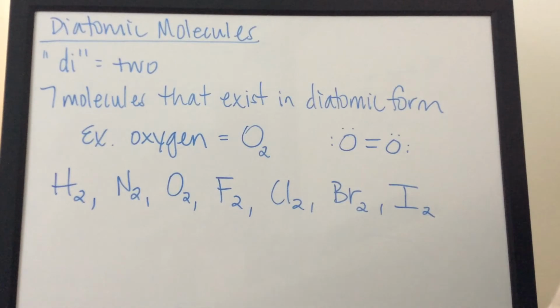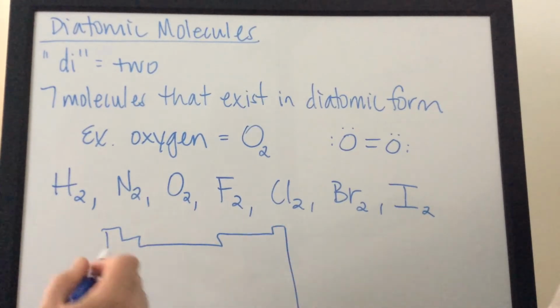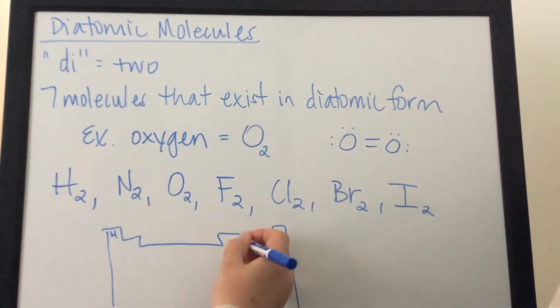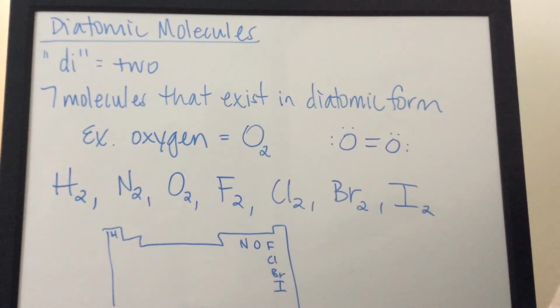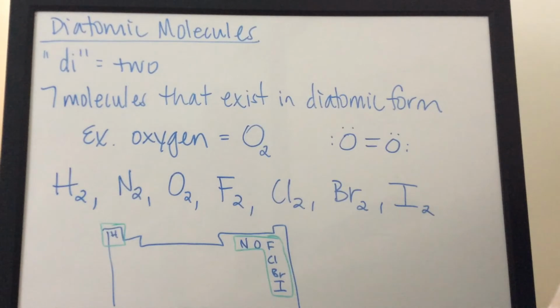Now, I don't have a periodic table with me, but if you do, hydrogen's right here, but then the rest of them go like this: N, O, F, Cl, Br, I. I always tell students to remember that there are 7 diatomics. The shape of them kind of looks like a 7. You just have to remember hydrogen.